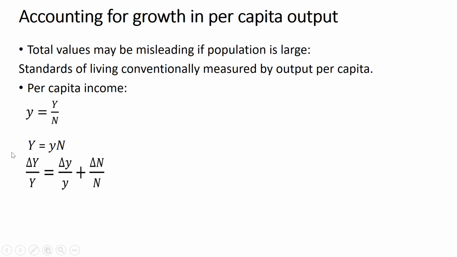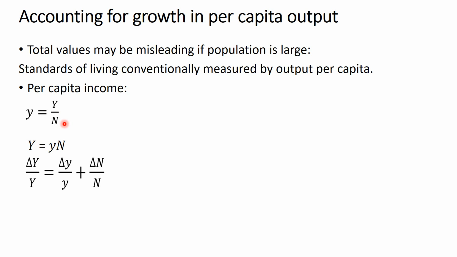Alright, so per capita income, how do we measure that? Well, per capita income is simply total output, or GDP, divided by the population size. So capital Y divided by N gives us per capita income, or per capita output. So output per person refers to the total amount of output in the economy divided by the population size.